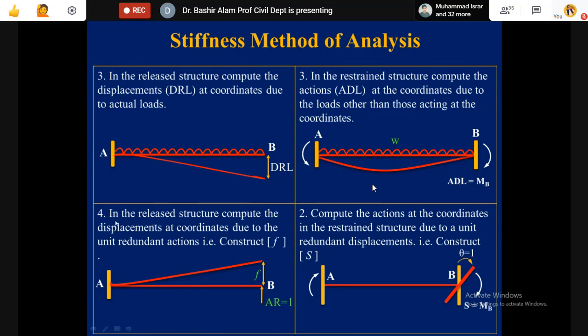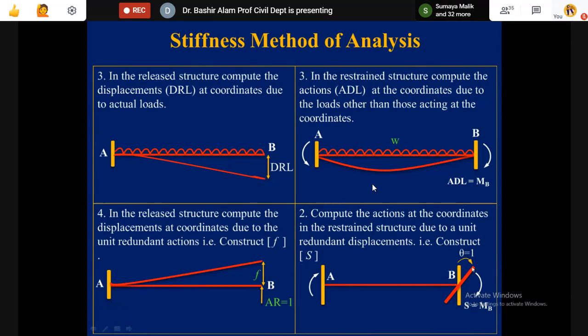Next is the calculation of the coefficients. Again on the left hand side, the fourth step was what? We put this structure under a unit value of the redundant action, and we calculated the displacement, and that displacement gave us the flexibility coefficient. This is step number 4, not 2. So what we will be doing here, we will compute the actions at the coordinates in the restrained structure due to the unit redundant displacements.